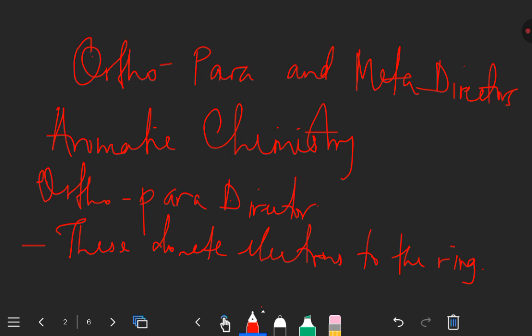So in as much as they are donating electrons to the ring, what they are simply doing is trying to activate the ring. So this is basically what they mean by ortho para directors.